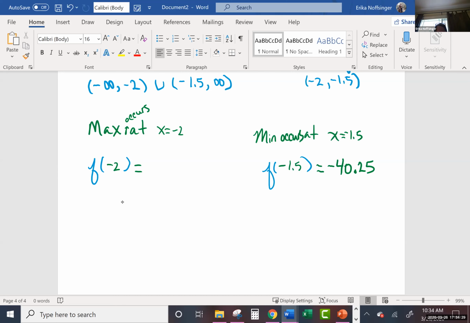And so on my calculator, if I don't push clear instead of delete, I should be able to change this to 4 times negative 2 cubed, plus 21 times negative 2 squared, plus 36 times negative 2, minus 20. So I get negative 40 there.